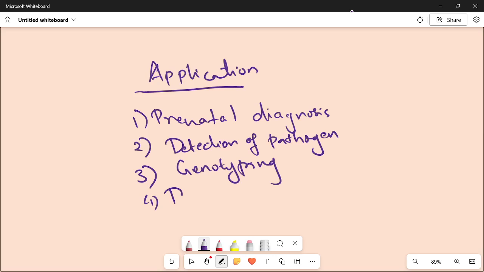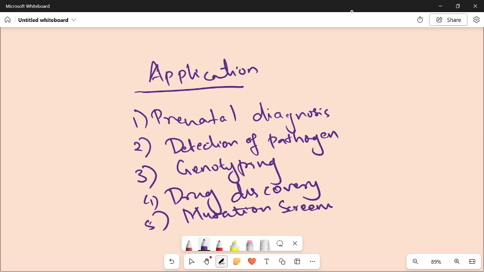The next one, drug discovery. And the next one is mutation screening. So these are a few applications of PCR. There are plenty of applications, but these are a few of them which are easy to remember.